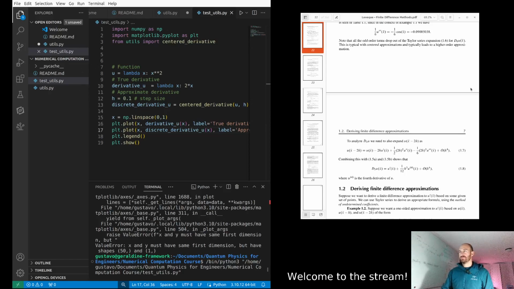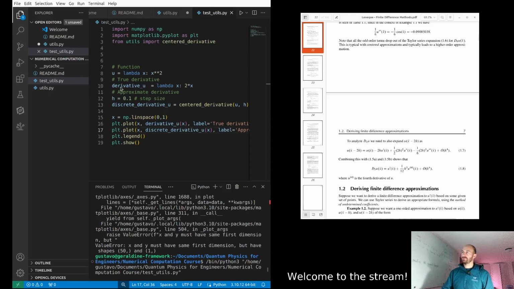So I'm going to save it. In this case it's not so difficult because it's a line. So I'll still save it though.